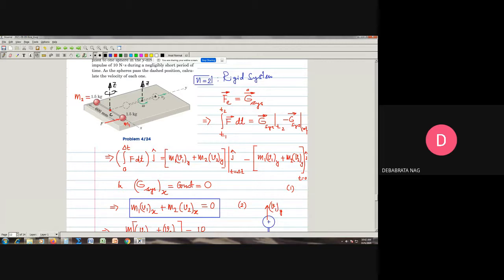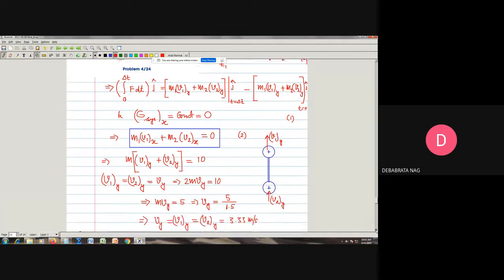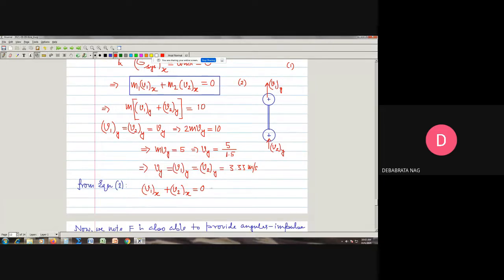If the velocity of particle 1 is in the negative x direction, then the velocity of the second mass will obviously be in the opposite direction. Here v1x plus v2x is 0.